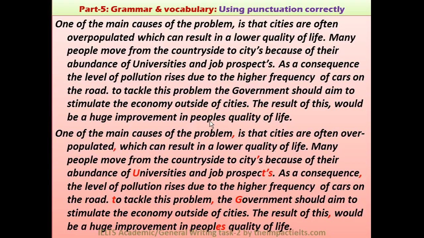So people's quality of life, this is wrong. It should be, because we are talking about the people's quality, so it should have an apostrophe as here. But I don't think this comma is correct here, because the result of this, and there is a verb and a helping verb and subject, we cannot use a comma here.